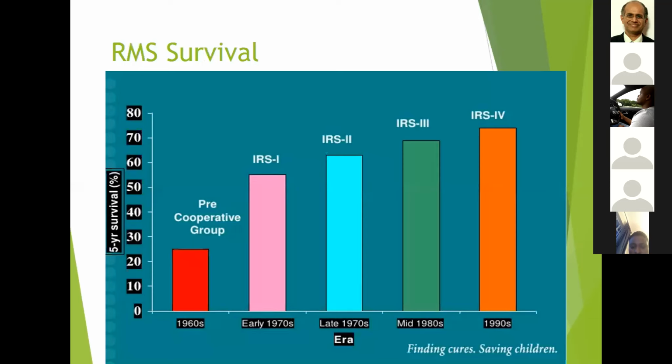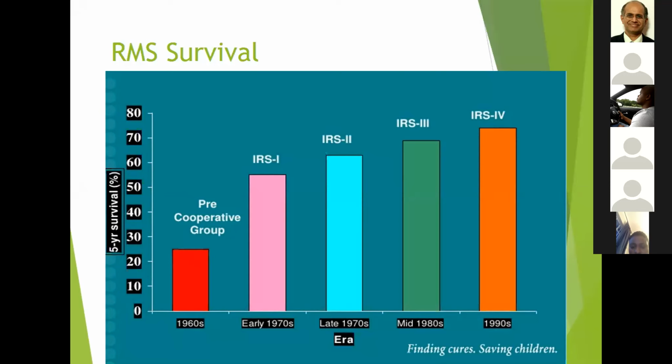So this is the IRS graph, which shows how your 5-year survival has improved since the 60s. What's important here is that initially in the 60s, the approach was more of radical surgery to remove the tumor, and it was high mortality and also probably high disfigurement and function loss.